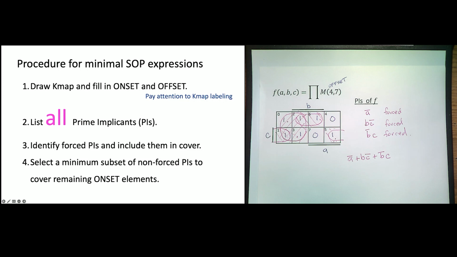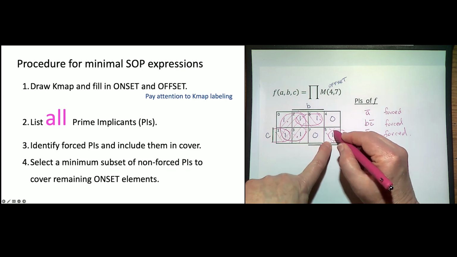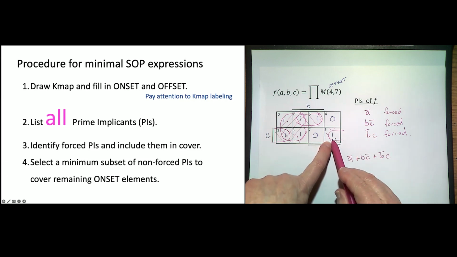Okay, so which one was next? Instead of writing B, C bar, could you instead write A, B, C bar? If I write A, B, C bar, that would be just this cell, right?